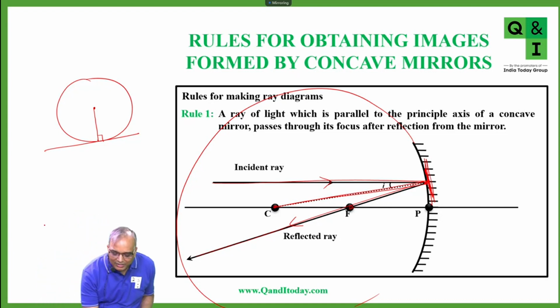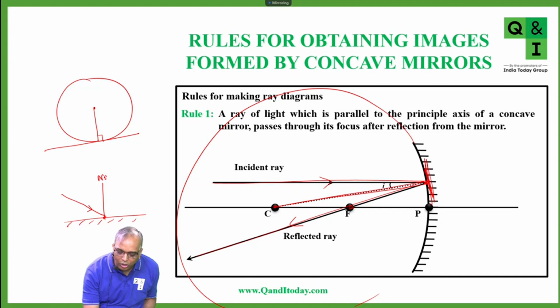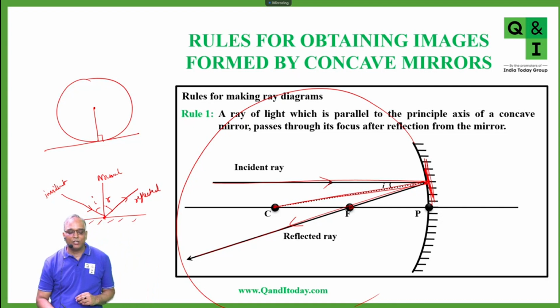In plane mirror, we saw that at the point of incidence, let's say this was the incident ray, the perpendicular to the surface of the mirror was called normal. And this was your incident ray, and this is your reflected ray. This we did in the last class. And here angle of incidence is equal to angle of reflection. This was the law of reflection, which we did in the previous class.